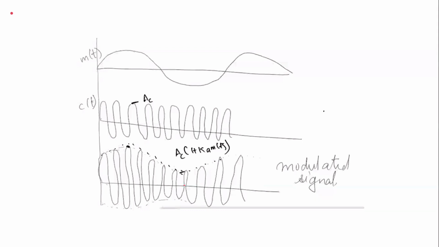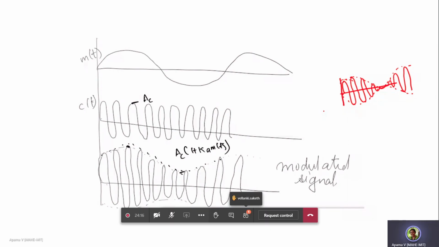Are you getting it? The modulated wave can look like this also. So that depends on Ka, right?